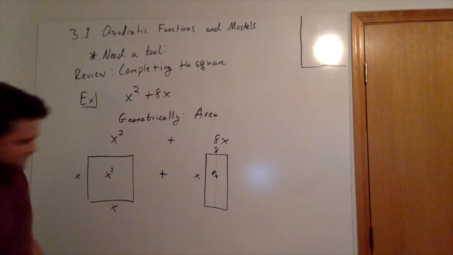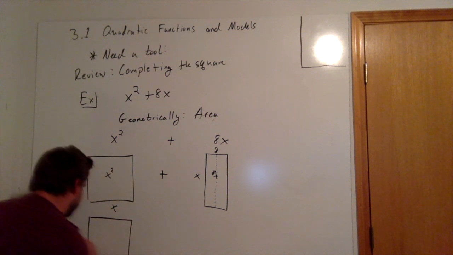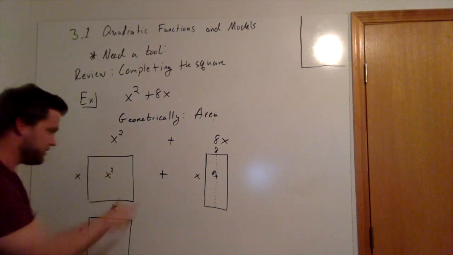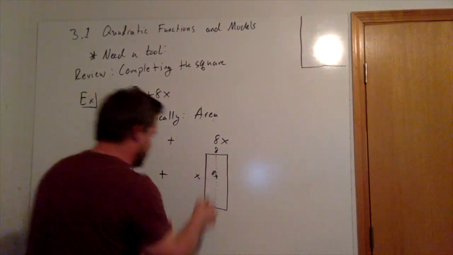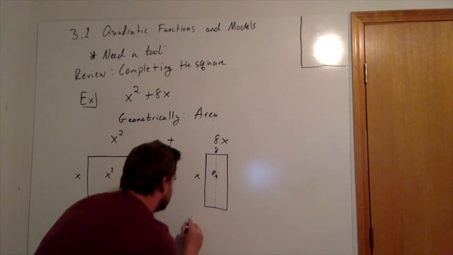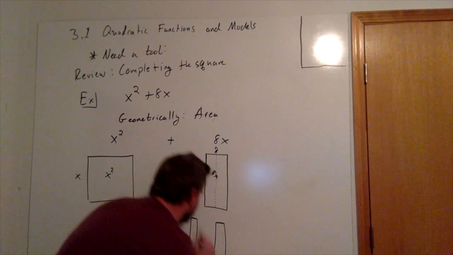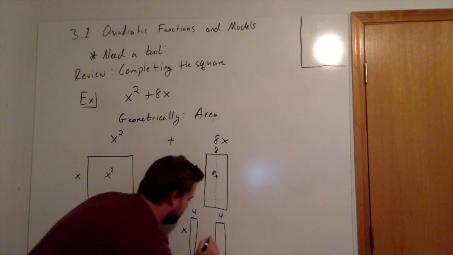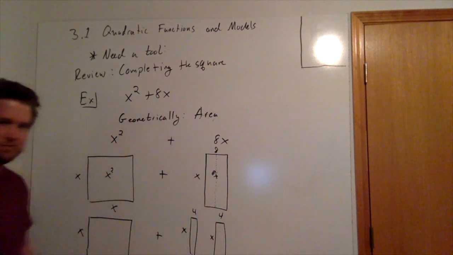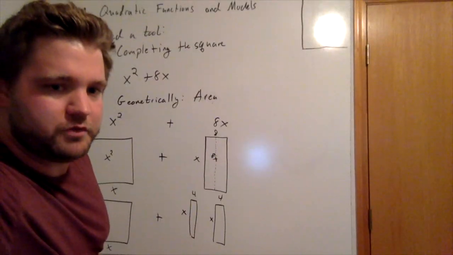So I'll still have this x by x box, and over here what I'll be adding, when I cut it in half, is a 4 by x box and another 4 by x box. So I just cut it in half here. Hopefully we can see this. Move the camera a little bit.